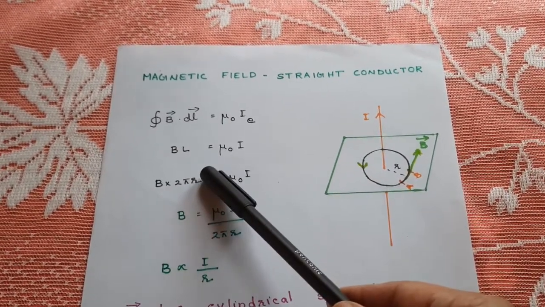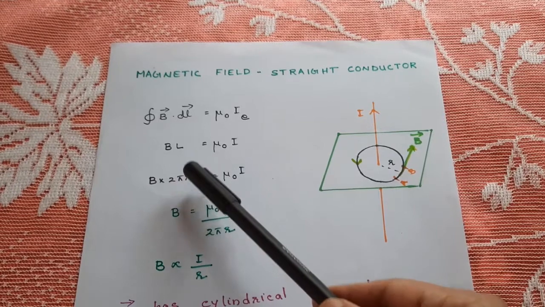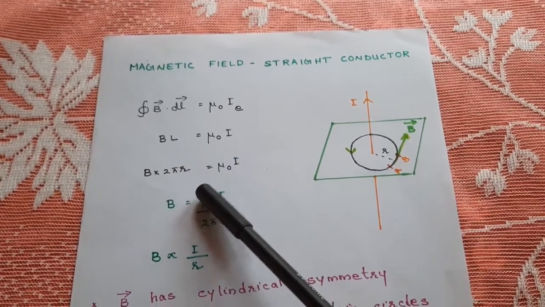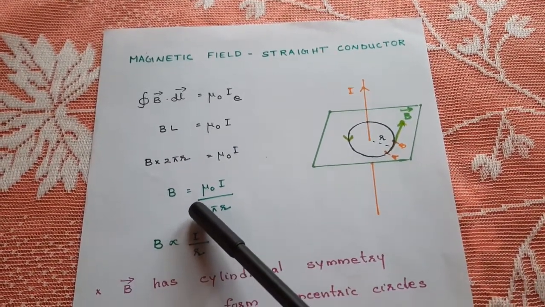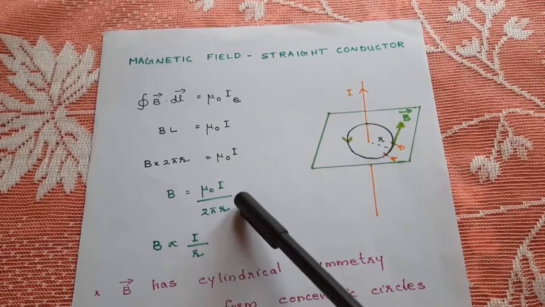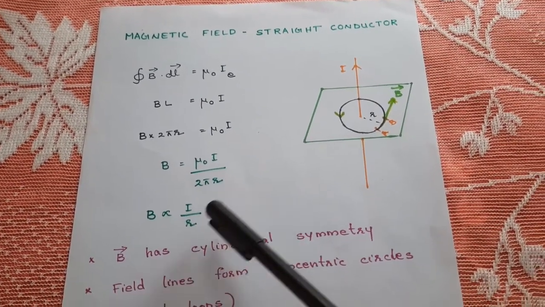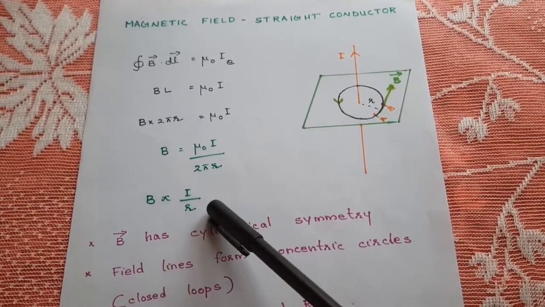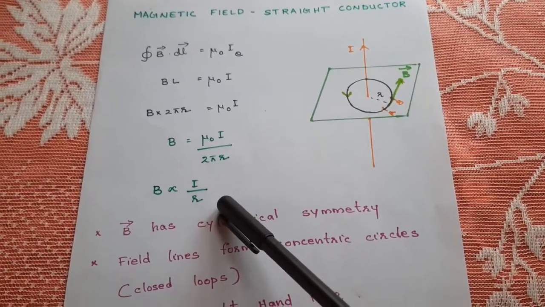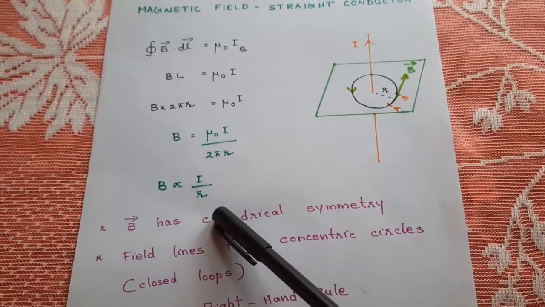Since it is a circular loop, length of the loop is 2 pi r. Therefore, magnetic field is equal to mu0 I by 2 pi r. So magnetic field is directly proportional to the current and inversely proportional to the distance.